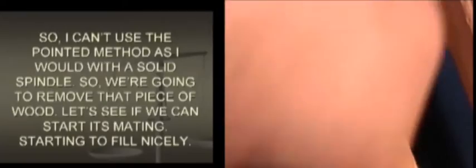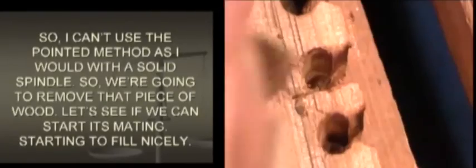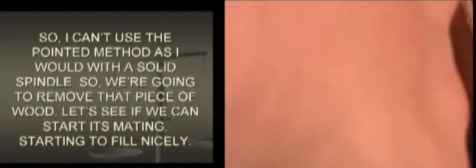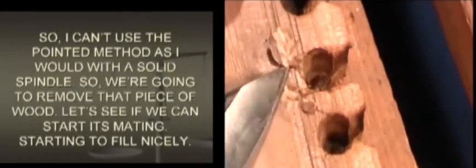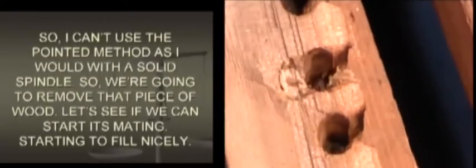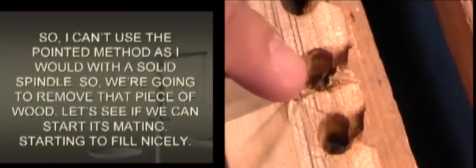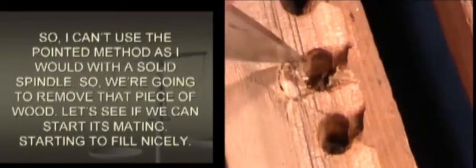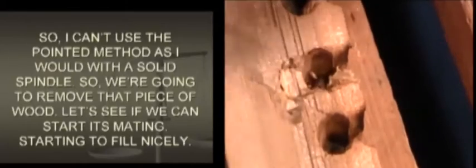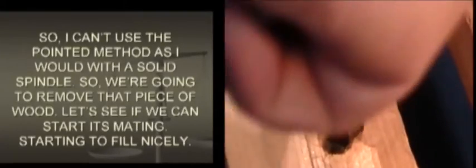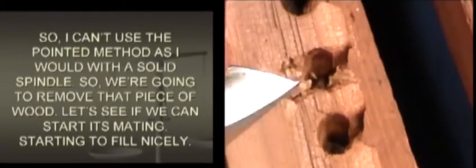So now I'm going to take out a little bit of the wood, because this piece of bamboo is hollow, so I can't use the pointed method as I would with a solid spindle. So we're going to remove that piece of wood. See if we can't start its mating.